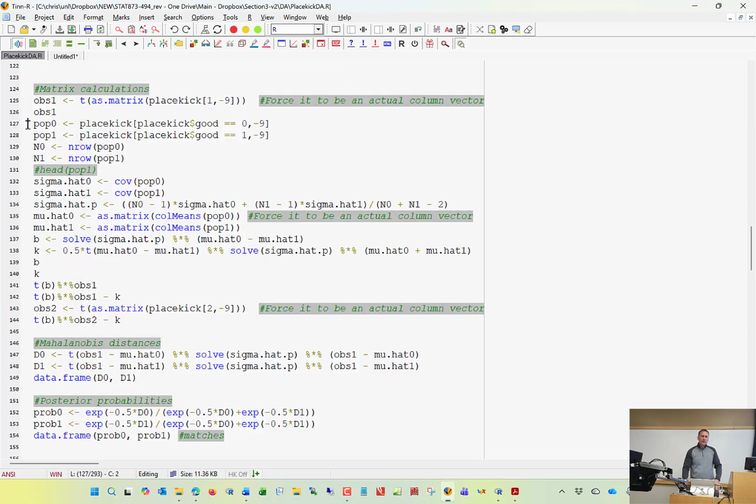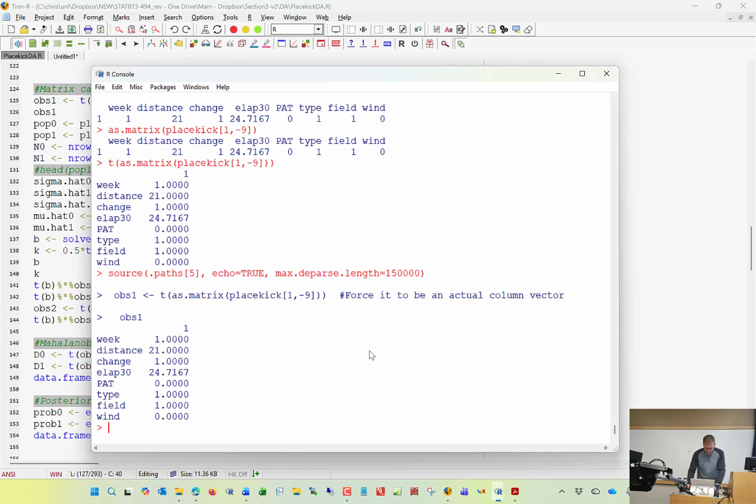Okay, next. What I need to do is split up my data set into two parts: the part that has good equals 0 and the part that has good equal 1. And the easiest way, at least I think, to do this is some logical comparisons. So if I say place kick $good equals 0, what that tells R is, hey, let's compare all those values in good.